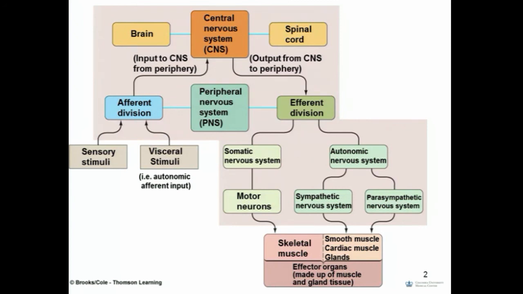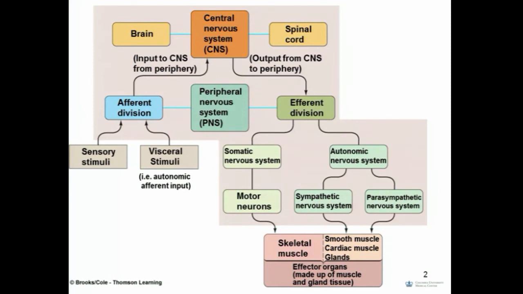The autonomic nervous system are commands that you don't voluntarily control. They are under unconscious, involuntary control, and they regulate visceral function.